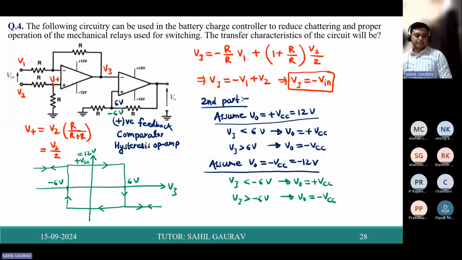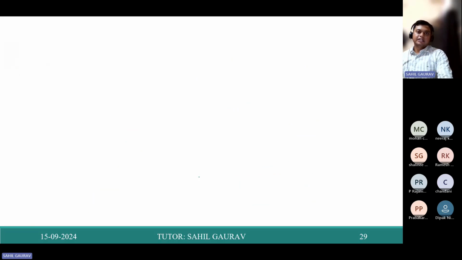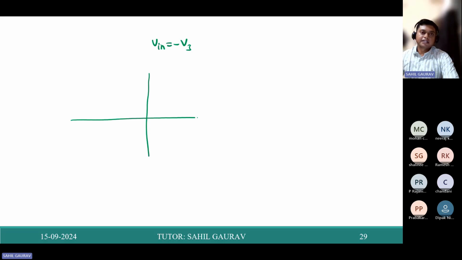Here we have made this with respect to V3. So how will we make this with respect to V in? We know that V in equals minus V3. So we just have to flip the axis across the y axis.